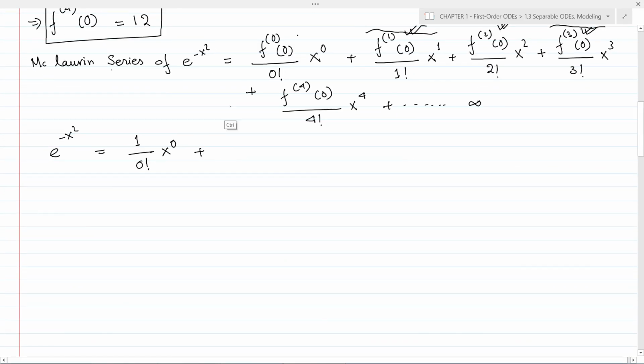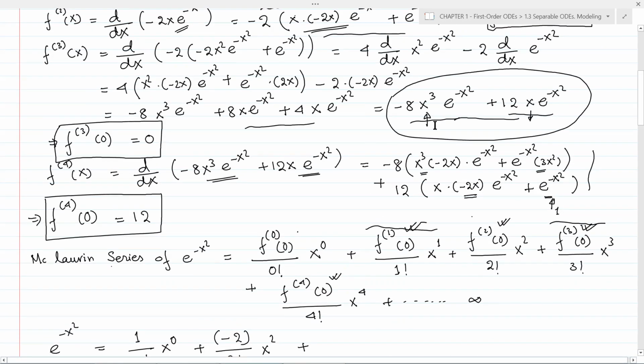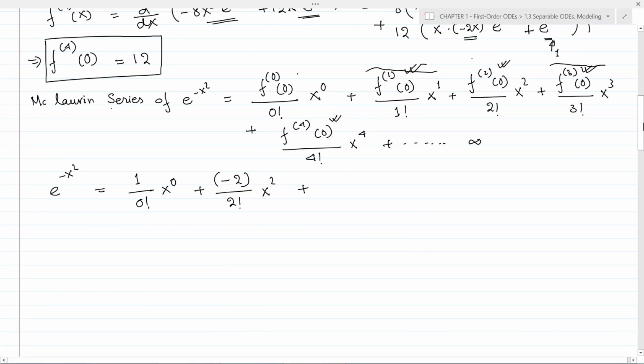So we will substitute that value and we can write minus 2 divided by 2 factorial x square, plus this f4 of 0 we had calculated to be 12. So we can write 12 by 4 factorial, which is 24, x to the power 4.